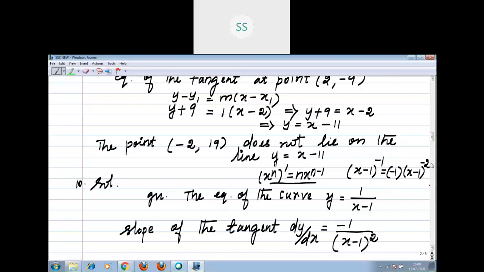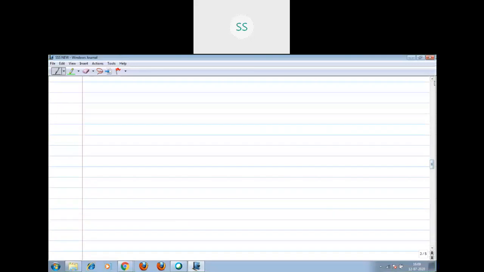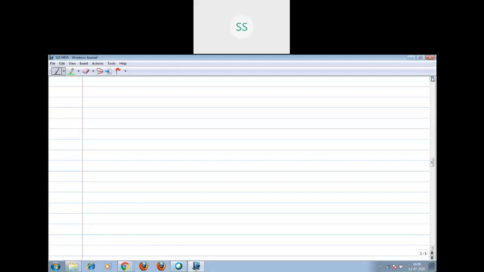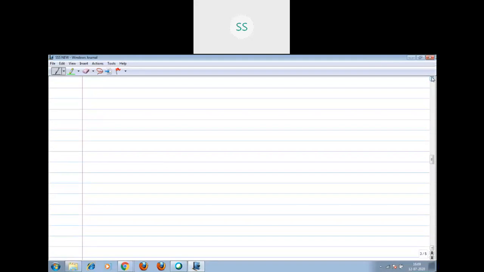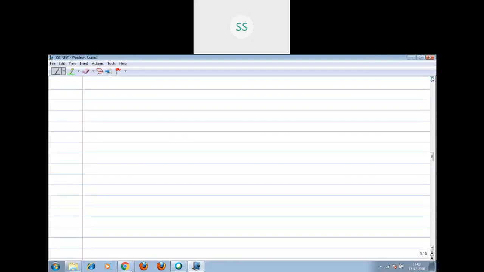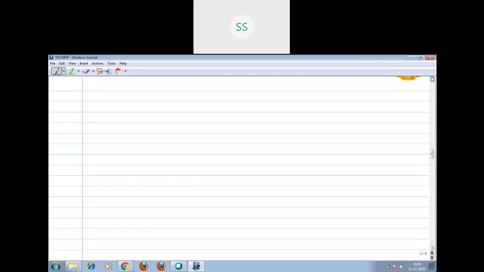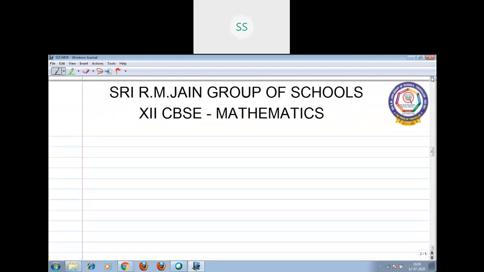Here what is given: tangent having slope equal to minus 1. That means dy by dx should be replaced by what is given. dy by dx equal to minus 1 is given to you.